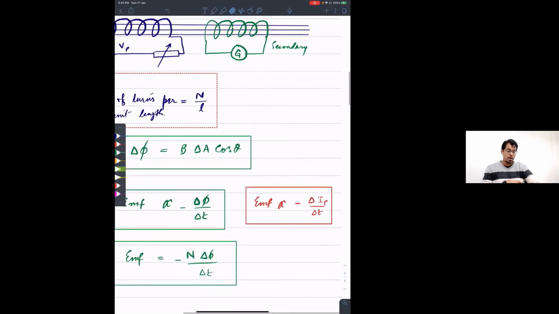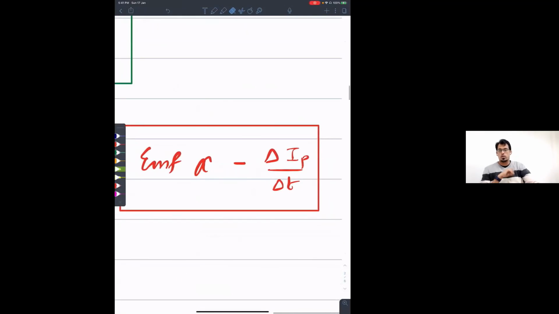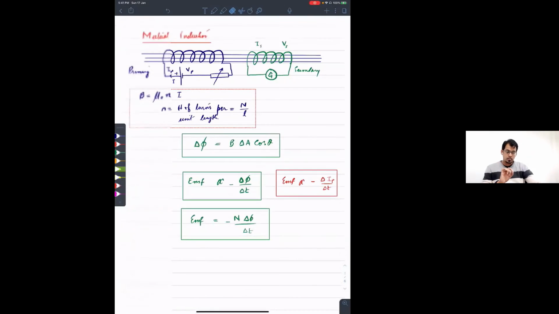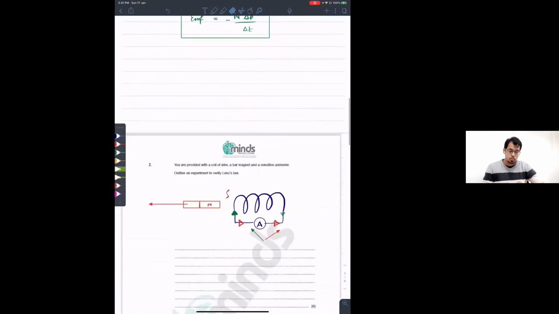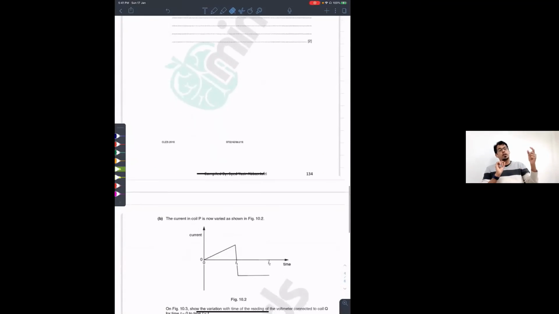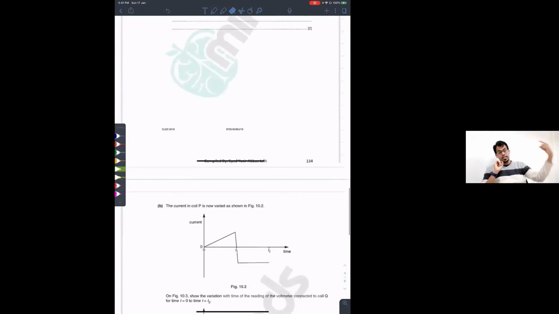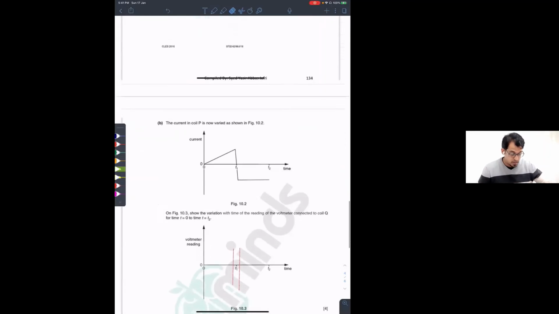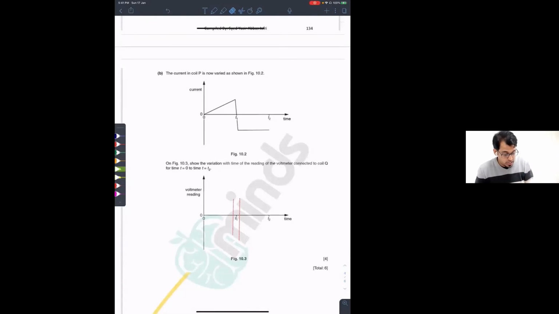EMF is directly proportional to rate of change of current. The only difference is we have a negative sign. So when change of current is positive, induced EMF will be negative. Current is increasing, so change of current is positive and induced EMF should be negative. So you will draw induced EMF on the negative axis, and you will draw it till here.